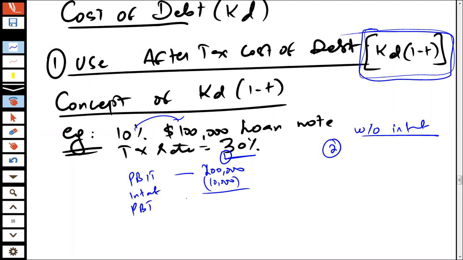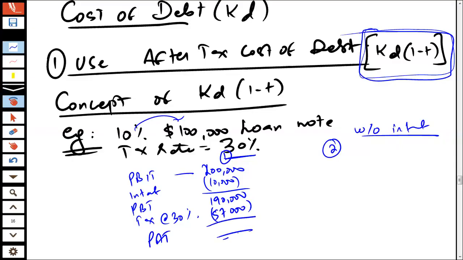As a result, the profit before tax would turn out to be 190,000. Then, if we have a tax rate of 30%, the tax on this 190,000 would turn out to be what? It's going to be 190,000 into 30%, so it is 57,000.